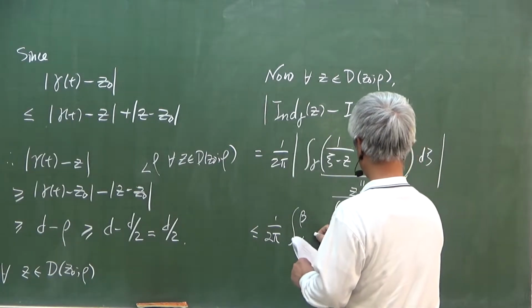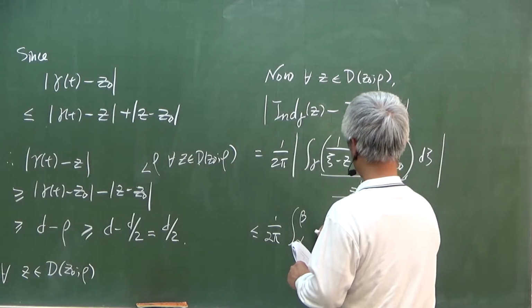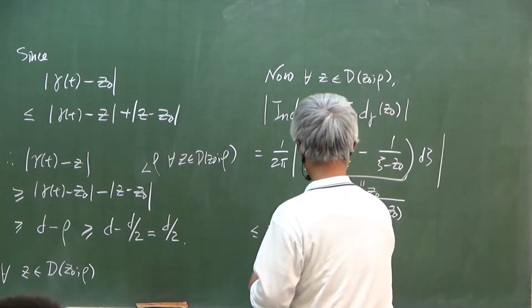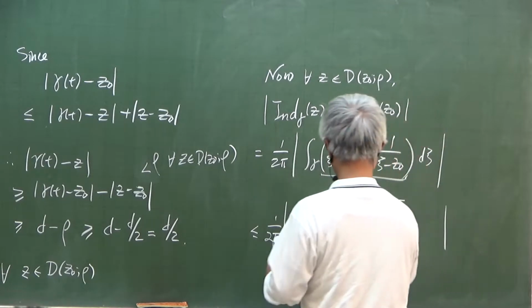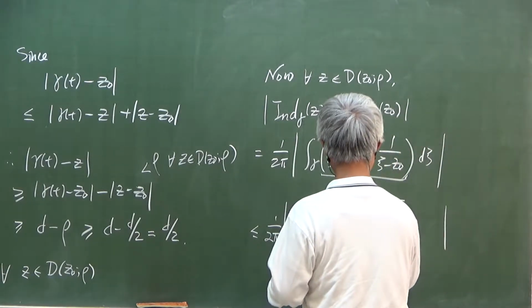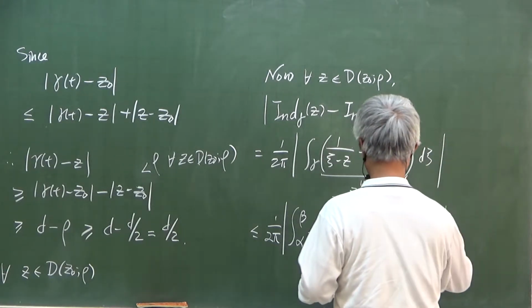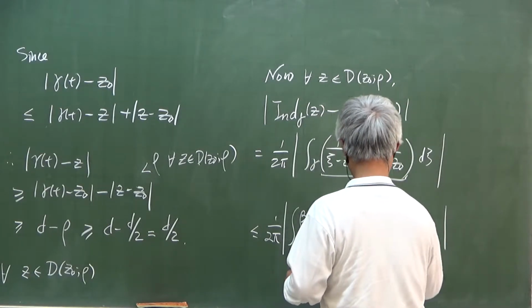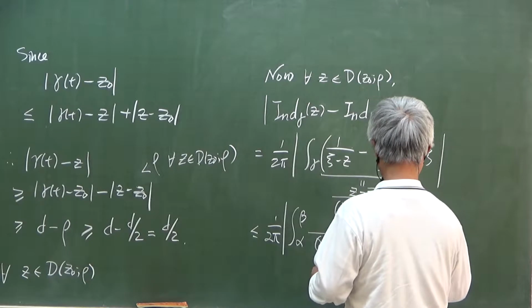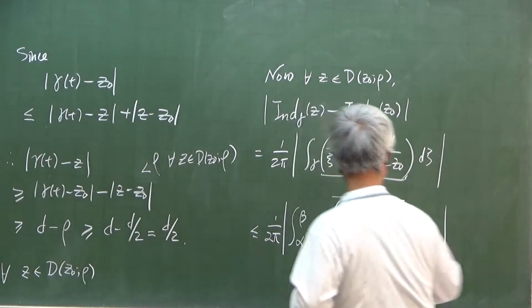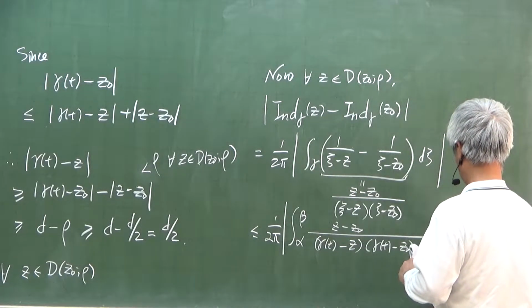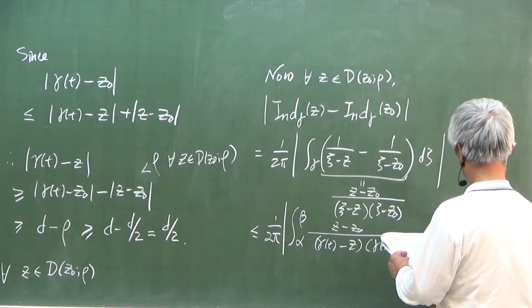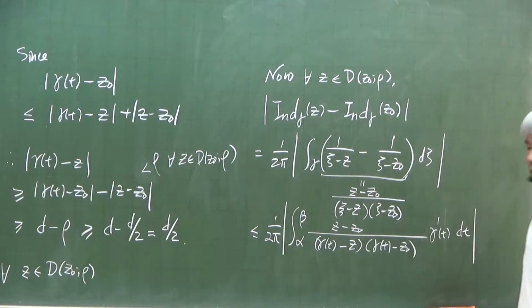So when we do that, we have z minus z0, gamma t minus z, gamma t minus z0, gamma t and dt here. Okay, by definition of the line integral.